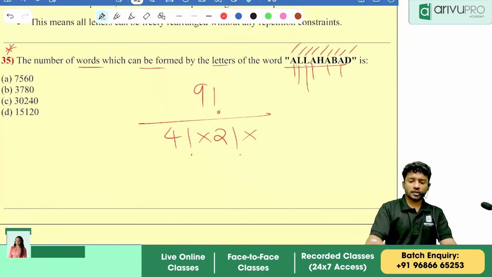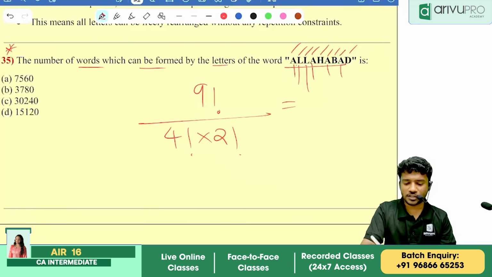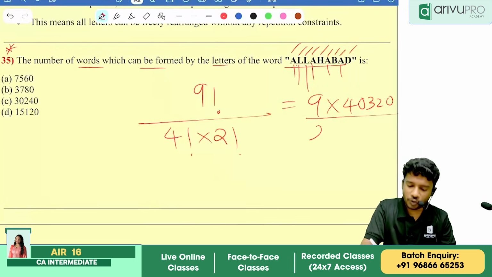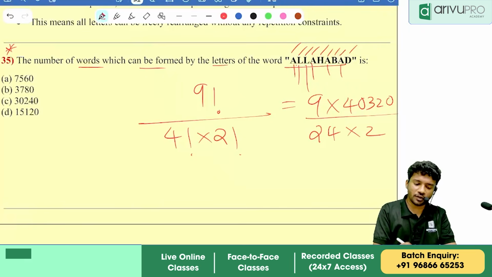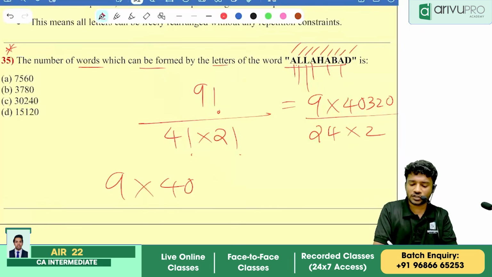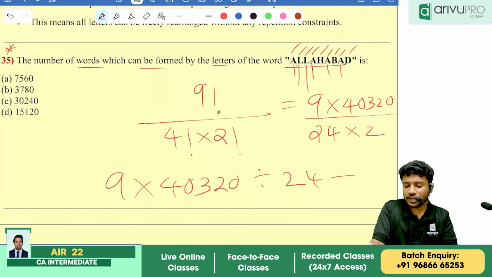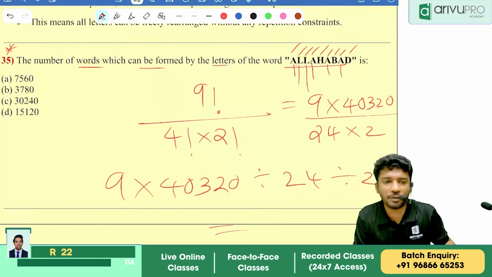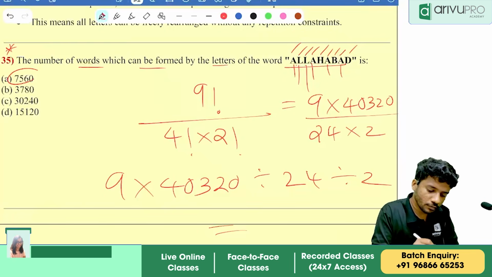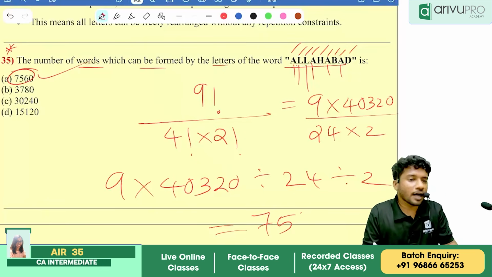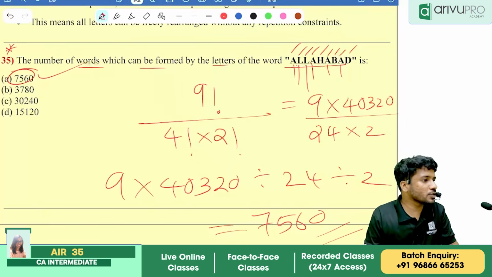No. 9 factorial is 9 into 40320 divided by 24 into 2. Take your calculator. How much is the answer, people? Understood? Got it? Any doubt in this?